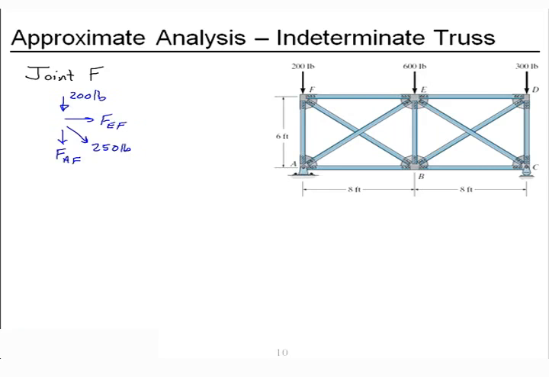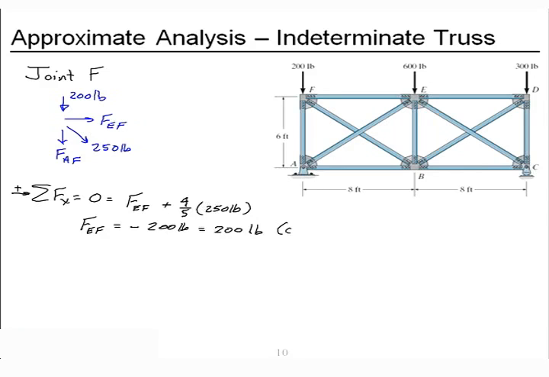Let's start by applying horizontal equilibrium. I have my unknown in the top chord member, and I have the horizontal contribution of my diagonal member. And so my top chord is going to be a negative quantity. It will be 200 pounds, which means it's actually 200 pounds in compression.